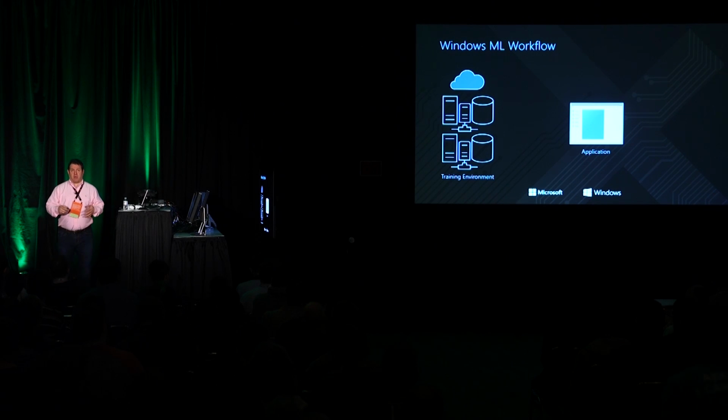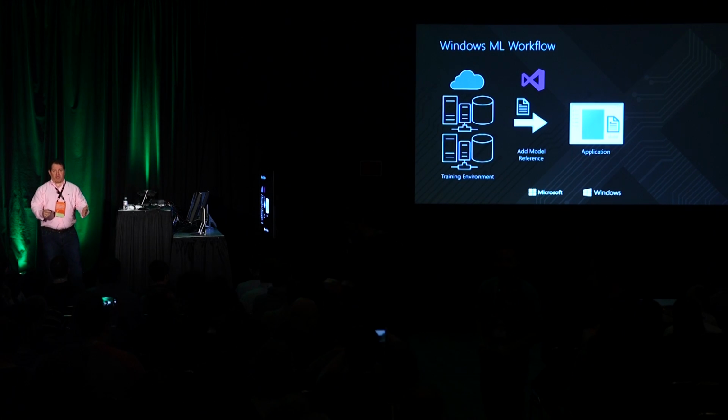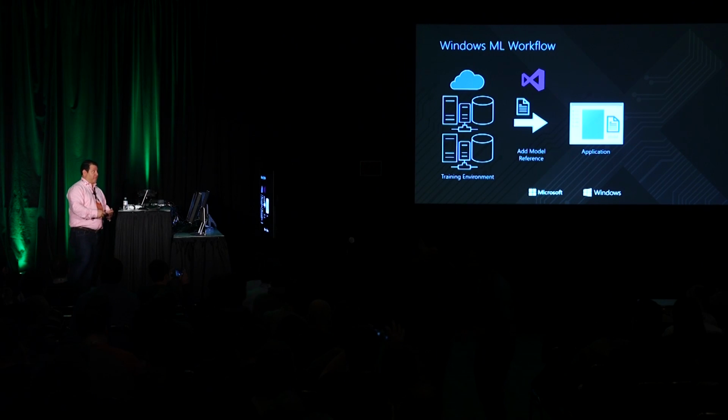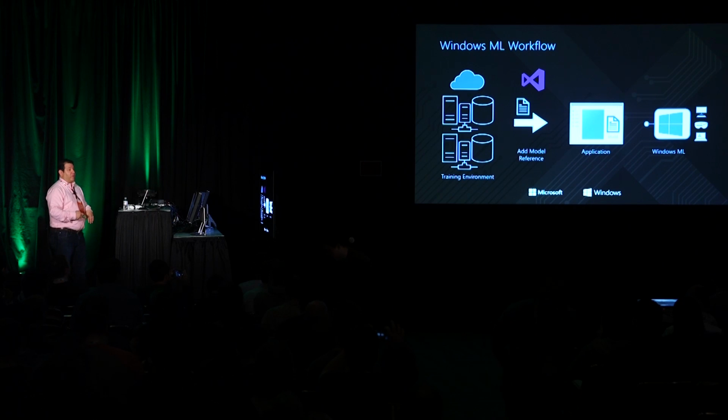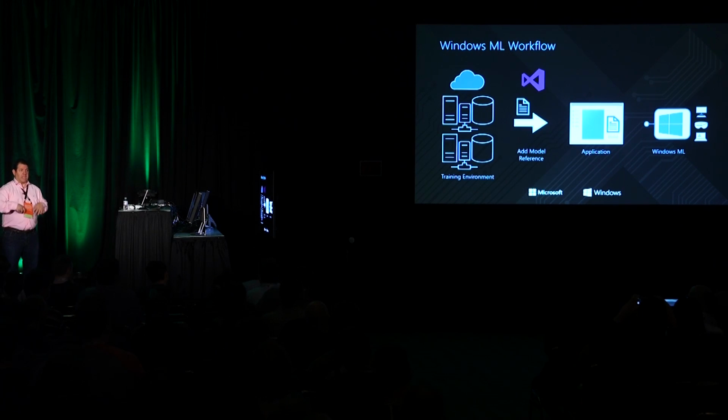Once I've trained that model, I take that model file and I can now add it to Visual Studio using the normal things that we think of in Visual Studio and add a model reference to my project. It will synthesize code, help me use the platform that's underneath, and run that on top of Windows Machine Learning. The core idea behind machine learning is to really simplify the use of the model itself and the use of the underlying technology, so all the hardware in the system can get abstracted.